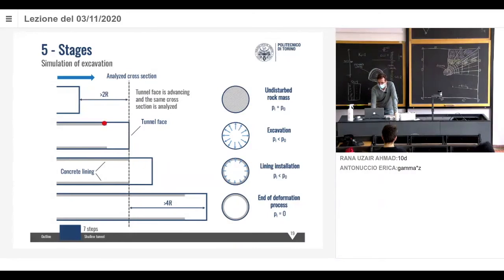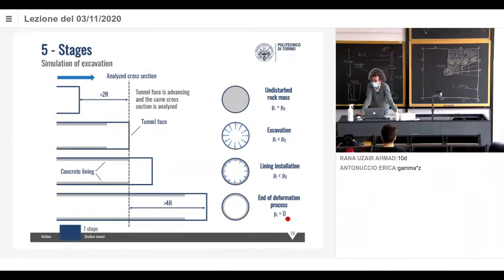Then we go further, and this brownish stuff is the concrete lining. Let's assume we apply the concrete lining here. So if we go ahead, we will have an additional decrease of the internal pressure. And then when this is very far away, this is going to go to 0. So my query is, what is the load that is going to go on the concrete lining?